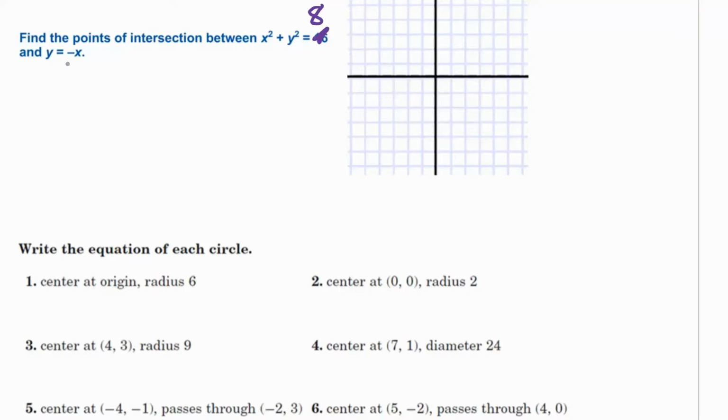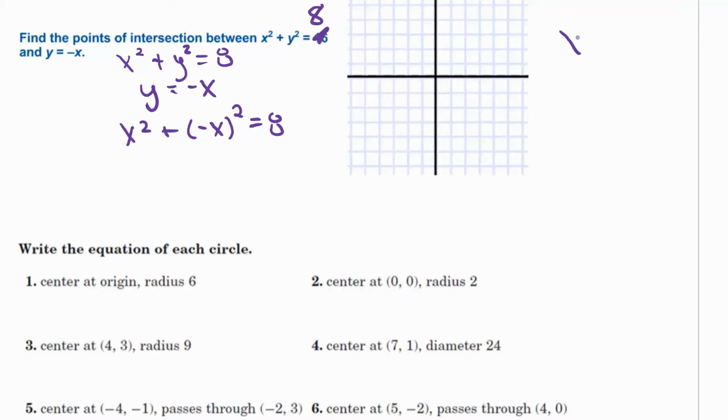So we're going to look at the intersection between x squared plus y squared equals 8 and y equals negative x. So doing the same method that we used in the previous problem, we'll do x squared plus negative x squared, or the opposite of x squared, equals 8. Now, is x squared equal to the opposite of x squared?